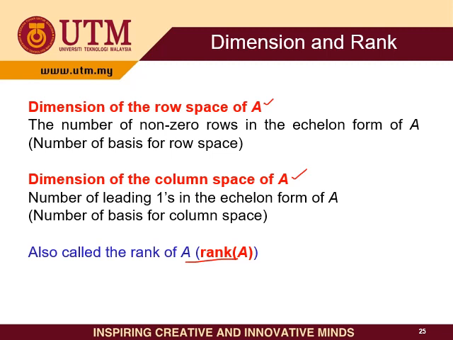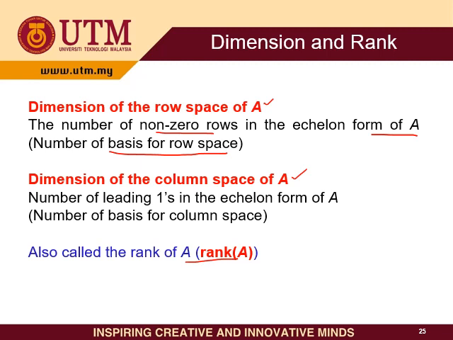Basically it's the same thing. The dimension of the row space is the number of non-zero rows in the echelon form of A, so the number of bases for the row space. As we know before, the non-zero rows become the basis for the row space.